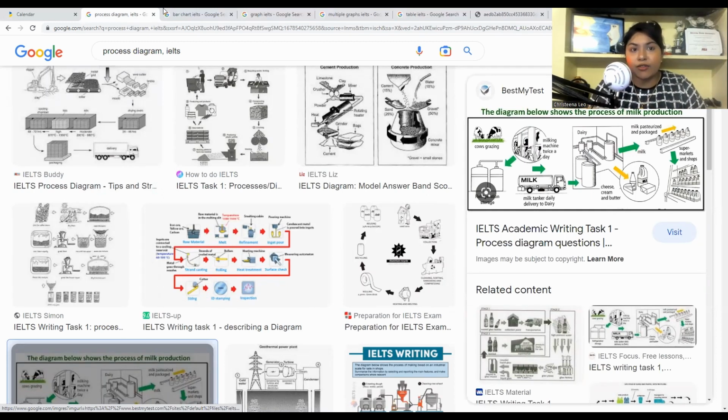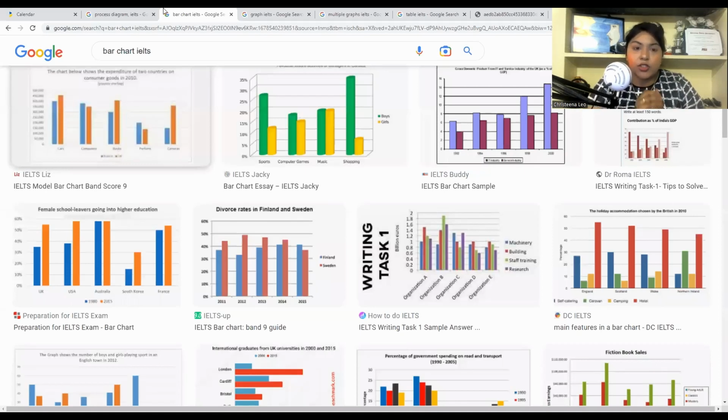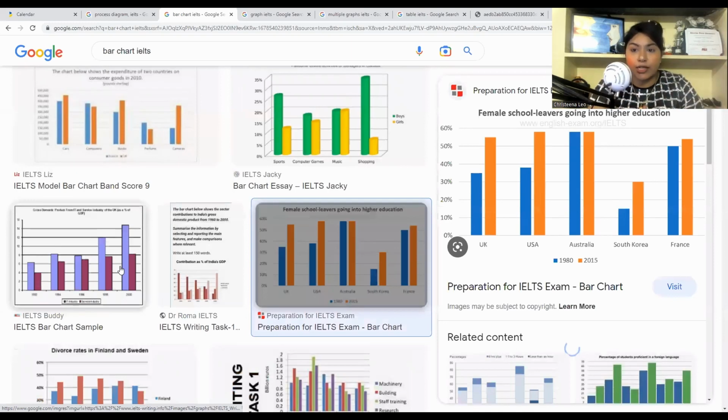And then we'll have the bar chart. So you could have a bar chart, and you have to describe the different trends that you see in it. First of all, you have to describe the overall trend. For example, in this particular question, we have female school leavers in all of the countries increasing from 1980 to 2015.